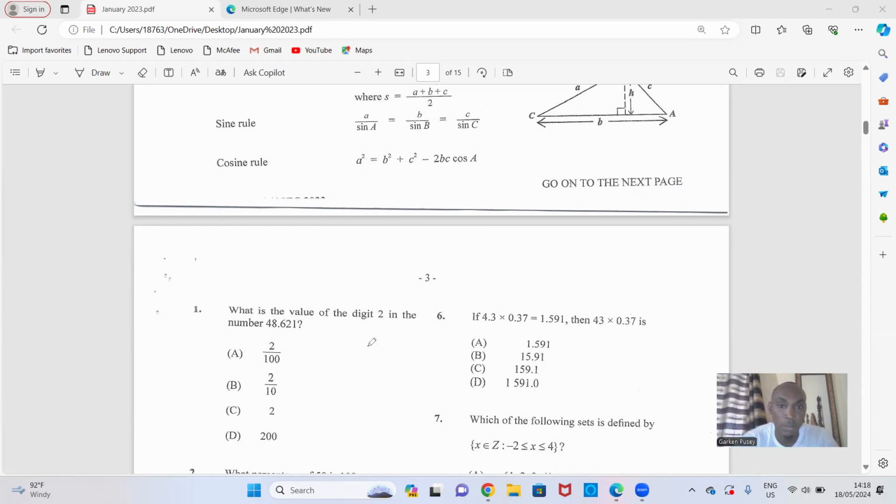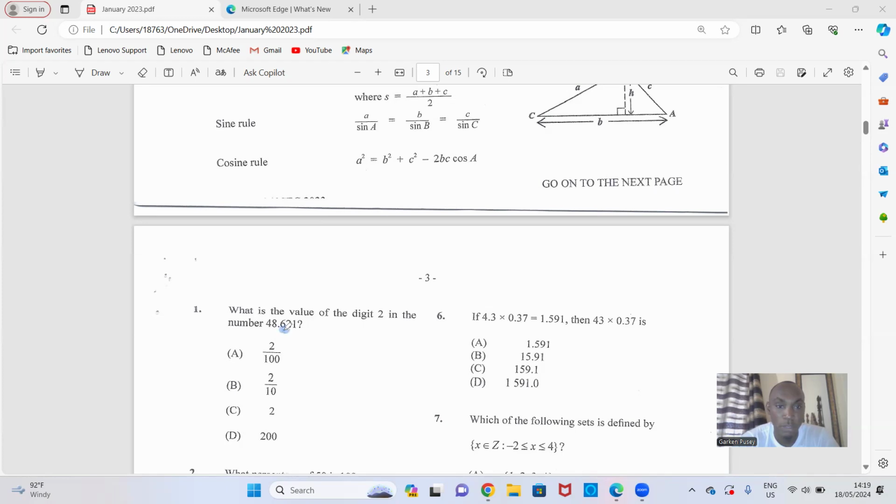So let's jump to our first question. It says, what is the value of the digit 2 in the number 48.621? There are certain things that we need to know right here. This is our decimal point, as we can see.